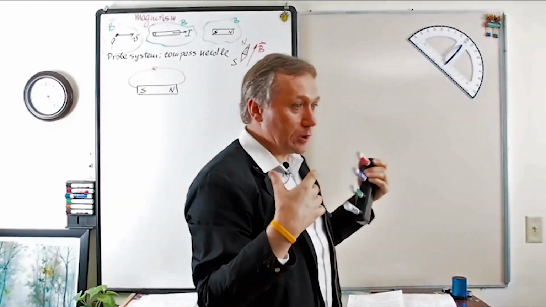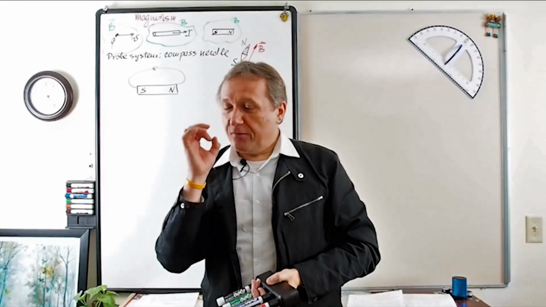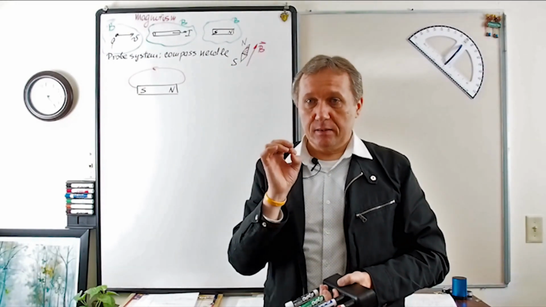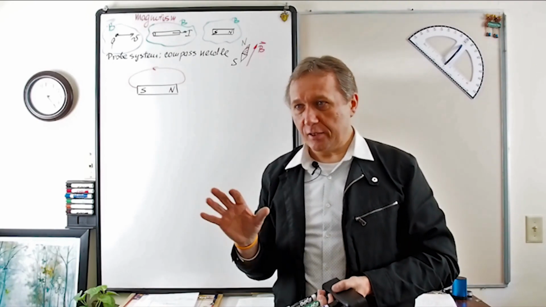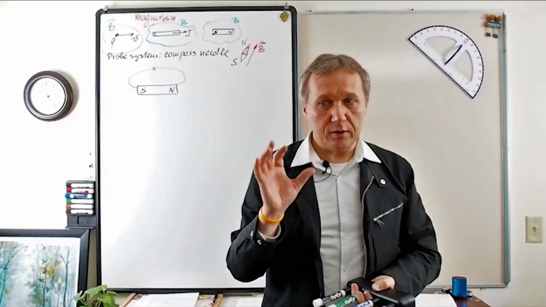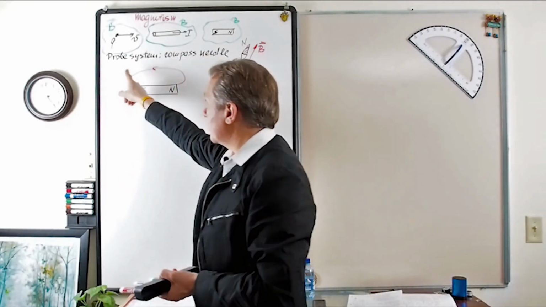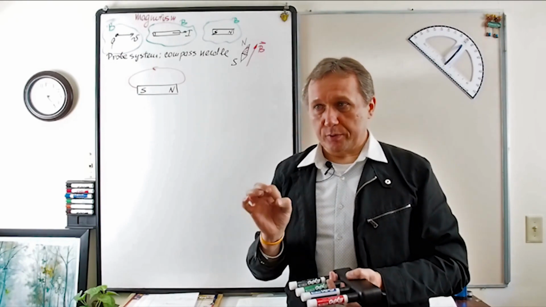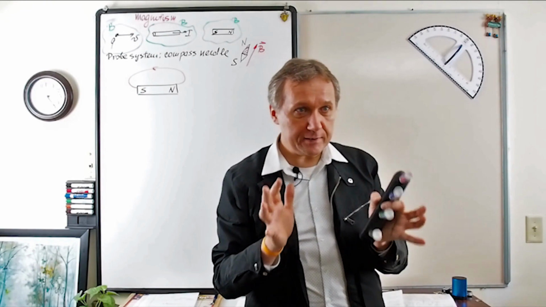Why I keep saying it looks like? Because there is a very interesting feature of the magnetic field lines. Since there are no magnetic monopoles, so far in the nature no one has found magnetic monopoles. Since there are no magnetic monopoles, as a consequence, magnetic field lines form closed loops all the time. It doesn't matter how complicated your magnetic field is.